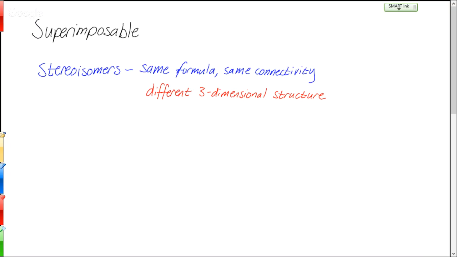So if we look at these things in 3 dimensions, we can say, okay, yes, they are not the same. Even though they have the same formula, they're connected the same way, they are still not the same because of the arrangement of atoms in 3 dimensions. So another word that we sometimes use for that is arrangement. We have the same atoms connected in the same way, but arranged in a different way.